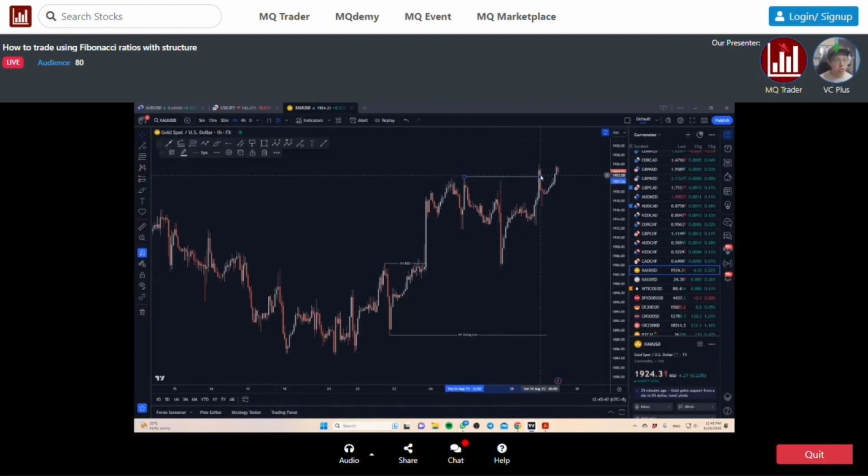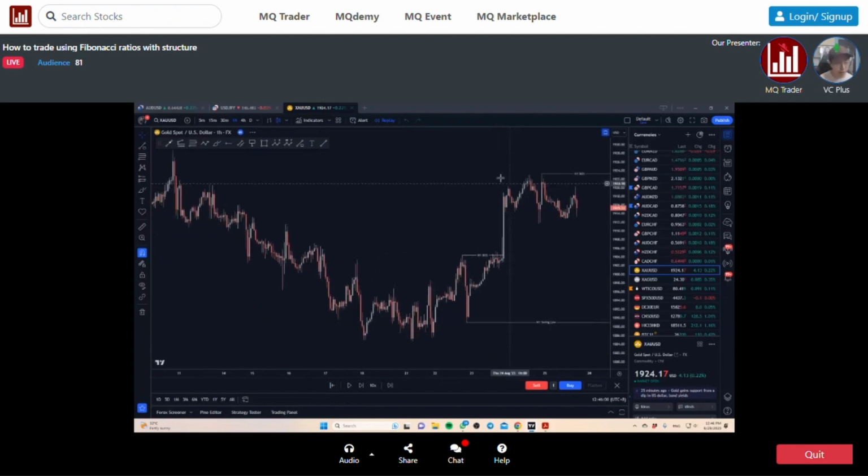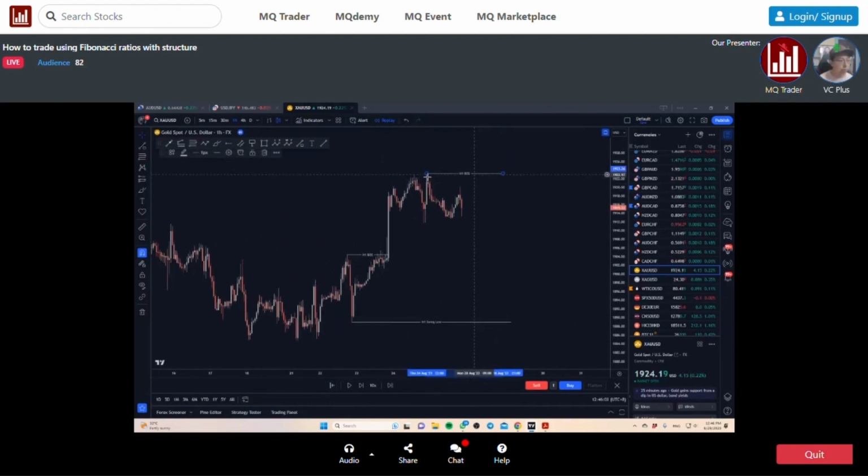And of course, just recently, yesterday, we got another break of structure. Let me update that. BOS. Now I'll just play back a little bit to show you the relationship. Last week, before the market actually broke and closed above, this would simply be a swing high.